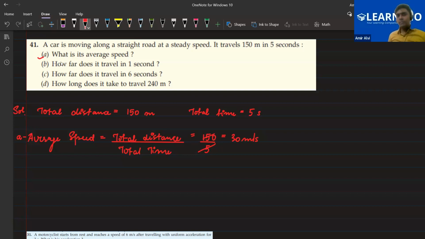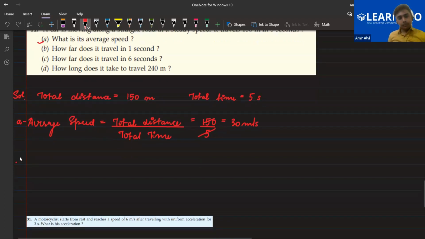And how far does it travel in 1 second? We have the average speed, so now the motion is uniform. If the motion is uniform, we can easily identify how much the object travels in each second.